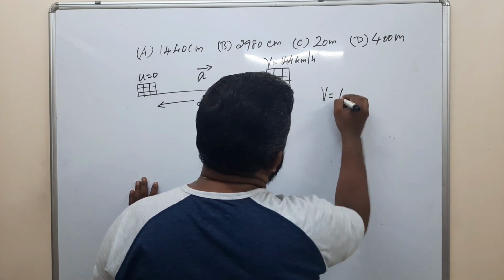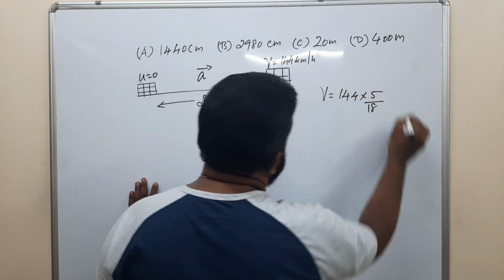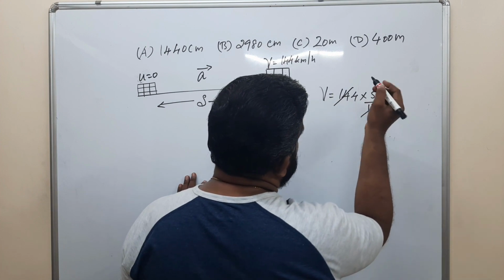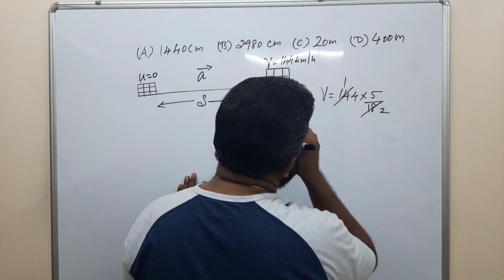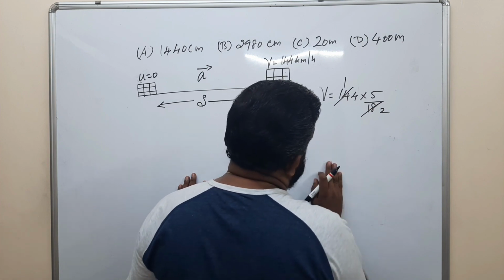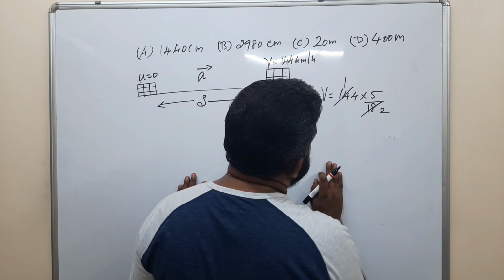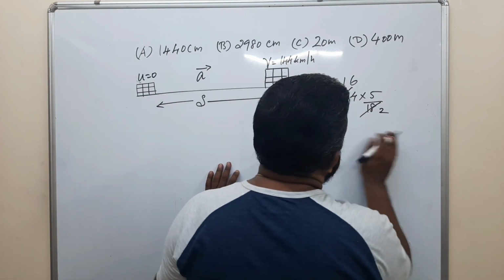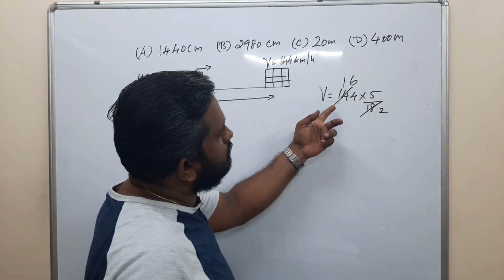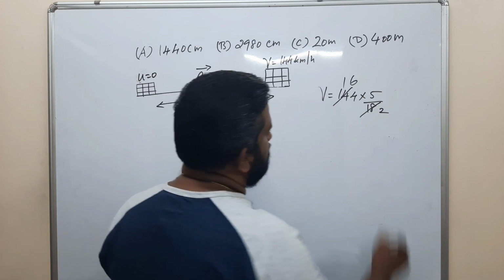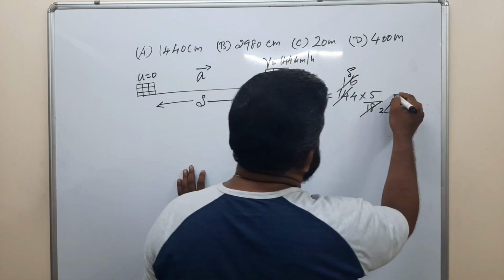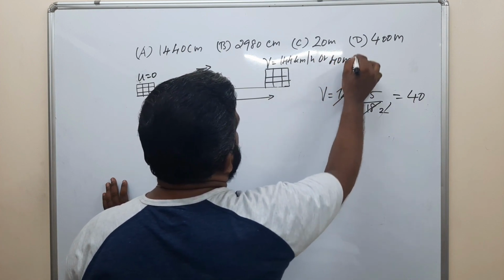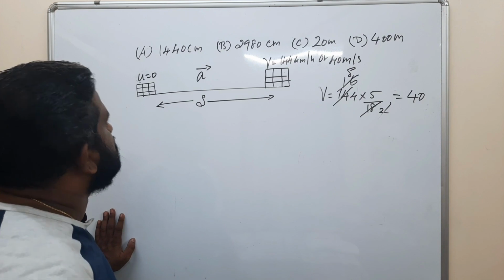So v is equal to 144 into 5 by 18, that is meter per second. That gives 40 meter per second.